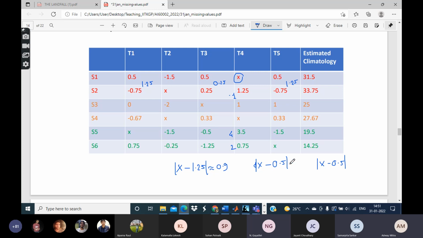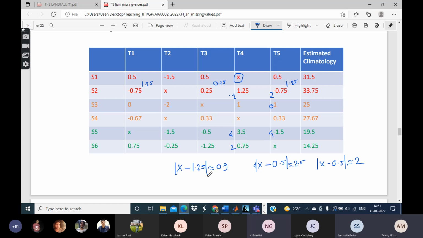So this difference we expect to be about 2.5. Similarly, for the other pair, here the difference is 2, here it is 0, here it is 4. So 2, 0 and 4, their mean value is 2. So again you expect it to be 2.